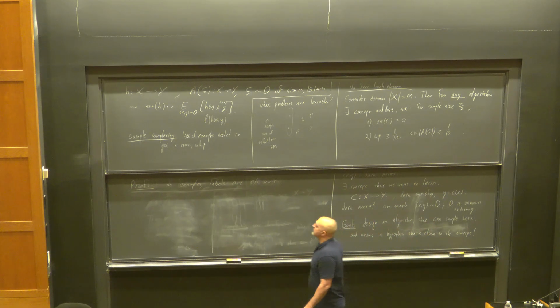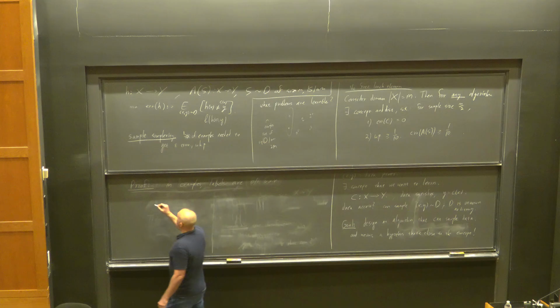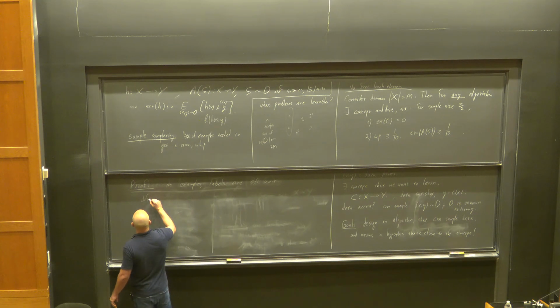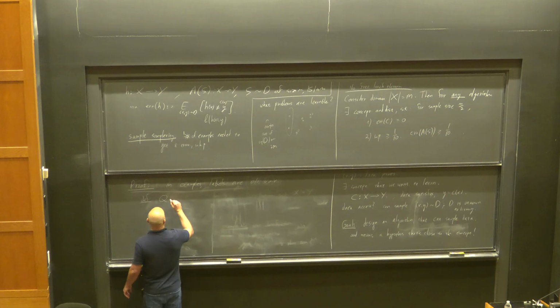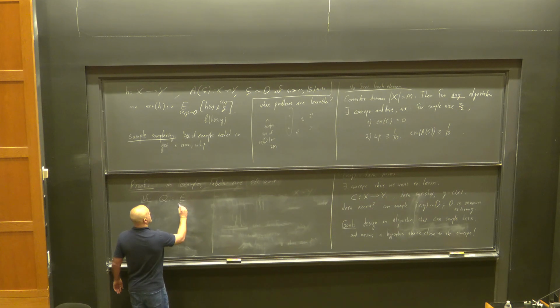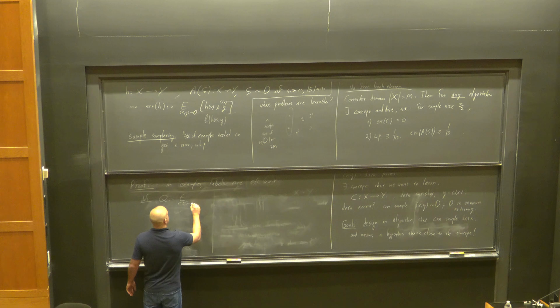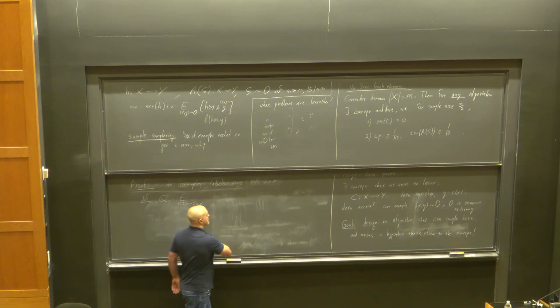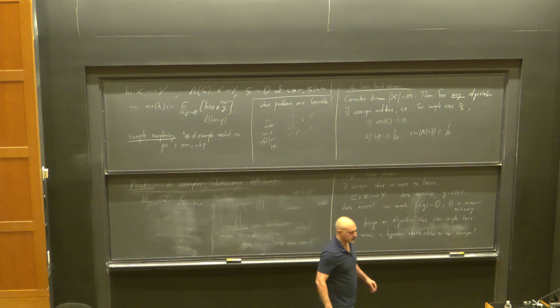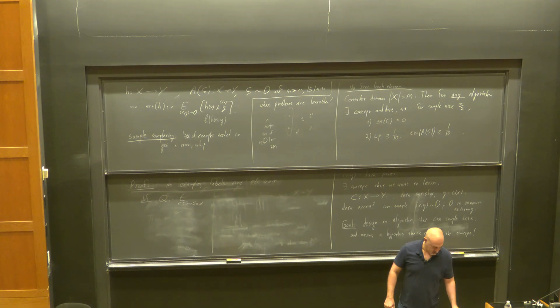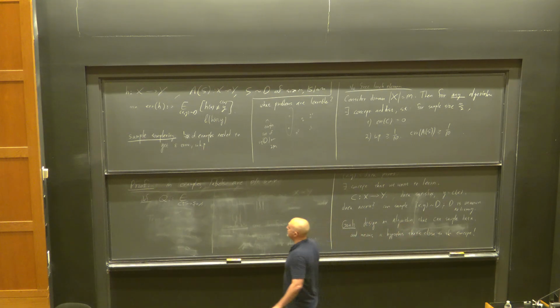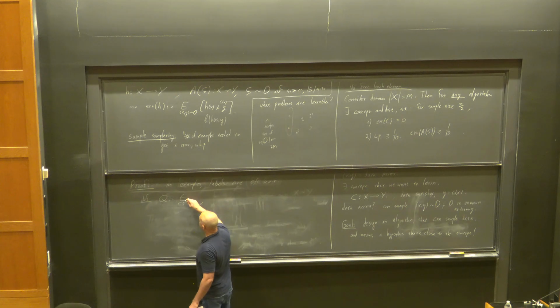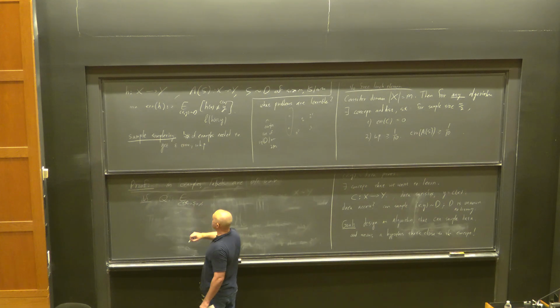So let me define some quantity which I'm going to call Q, which is the expectation over all concepts from feature vectors to 0, 1.